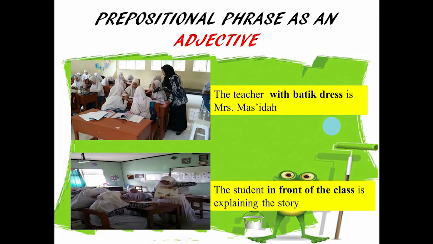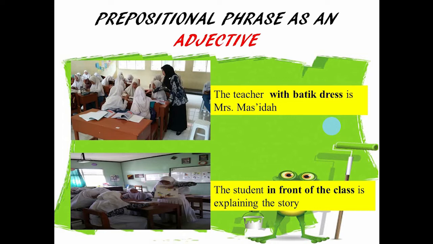Now, we go on to the second example. The students in front of the class is explaining the story. The students is a noun, in front of the class adalah prepositional phrase. Prepositional phrase diawali dengan preposition in front of. Menjelaskan tentang the students. The students yang mana? The students yang berada di depan kelas.